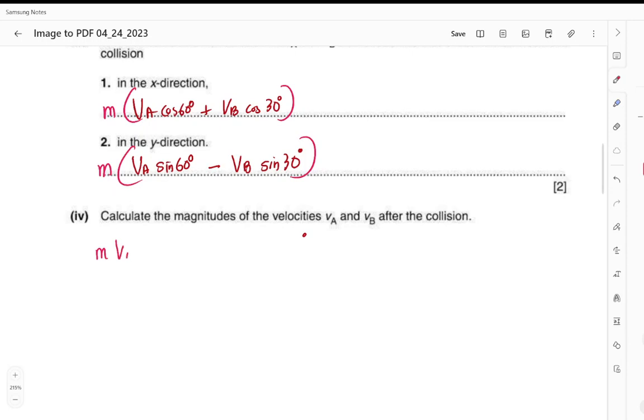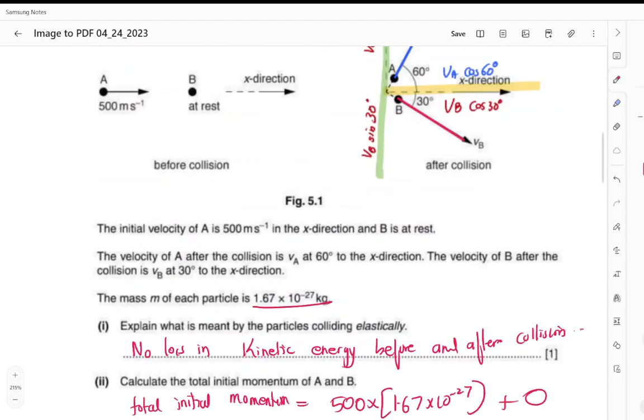So M VA cos 60 plus M VB cos 30 should be equal to, in the x direction, the initial momentum, which we also write down. M multiplied by the velocity was, I guess, 500. Let me check, just in case.